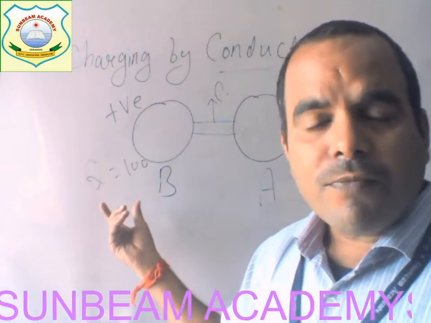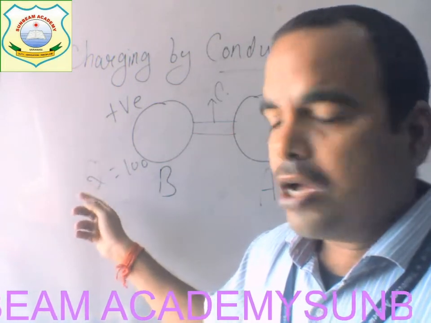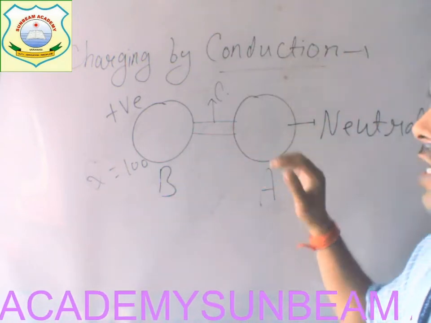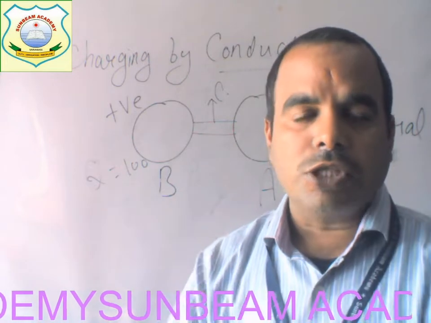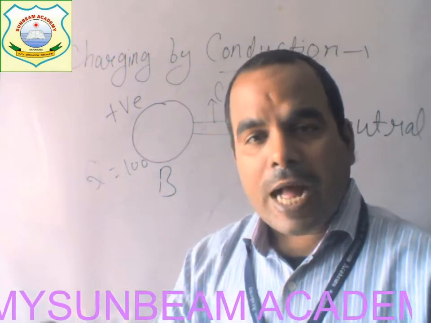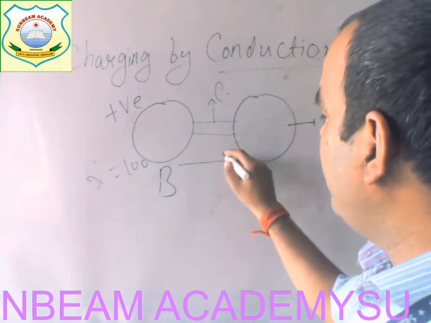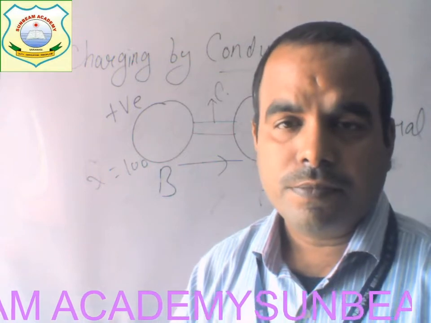At the present time object B has 100 coulomb charge and object A has neutral charge, meaning zero charge. Then the charges will start to flow from object B to object A. Till when?